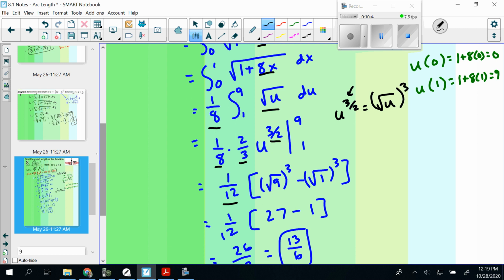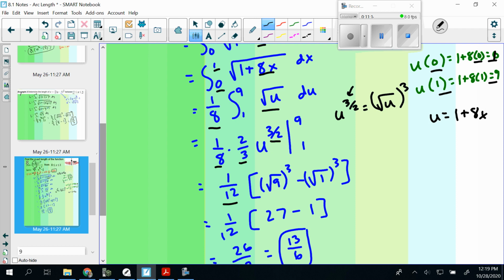And so we're going to have the numbers here that we put in. And I did change my limits on this one. I went from 0 and 1, and I inputted that into our u here. So if you find u at 0, that's just, oops, sorry, that should equal 1, not 0. And then if you put 1 in here, you're going to get 9. So our new limits are 1 and 9.